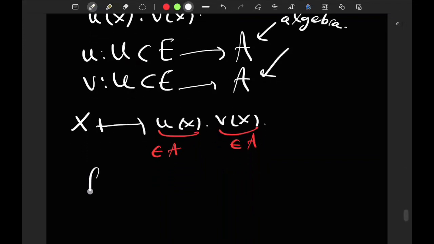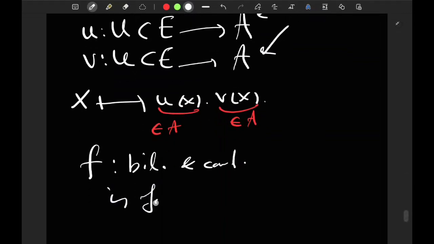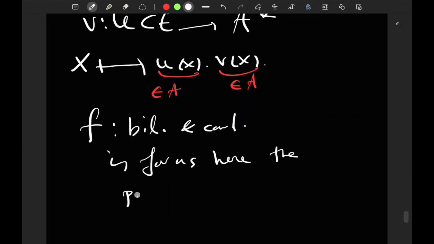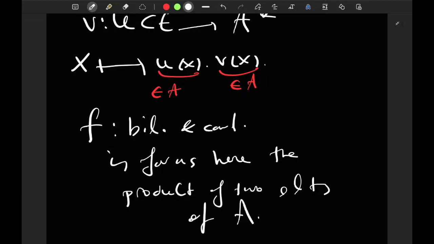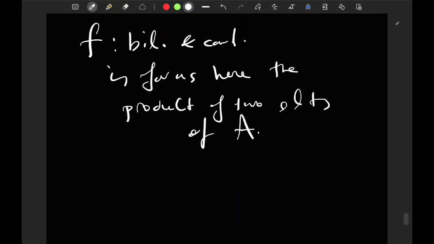So here for us, f, the map which we were talking about above in the proposition, which is bilinear and continuous, this map is for us here the product of two elements of the algebra A.